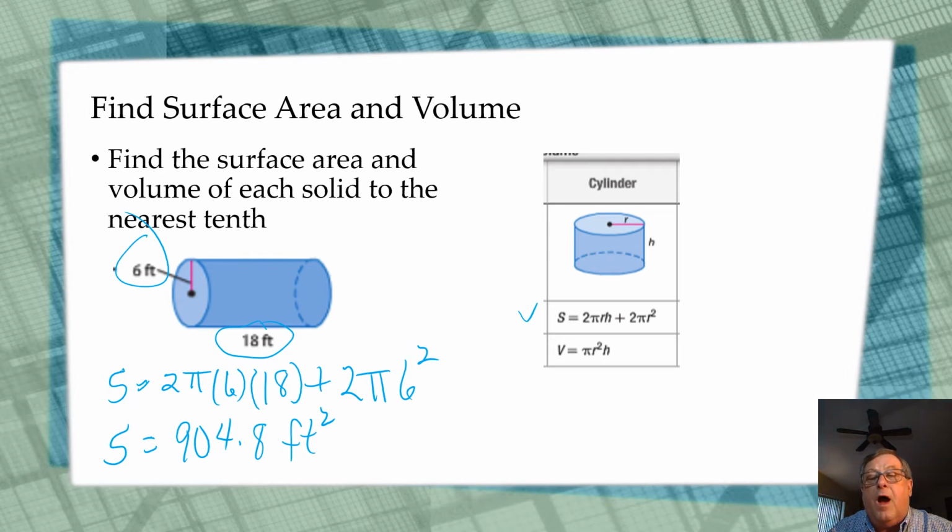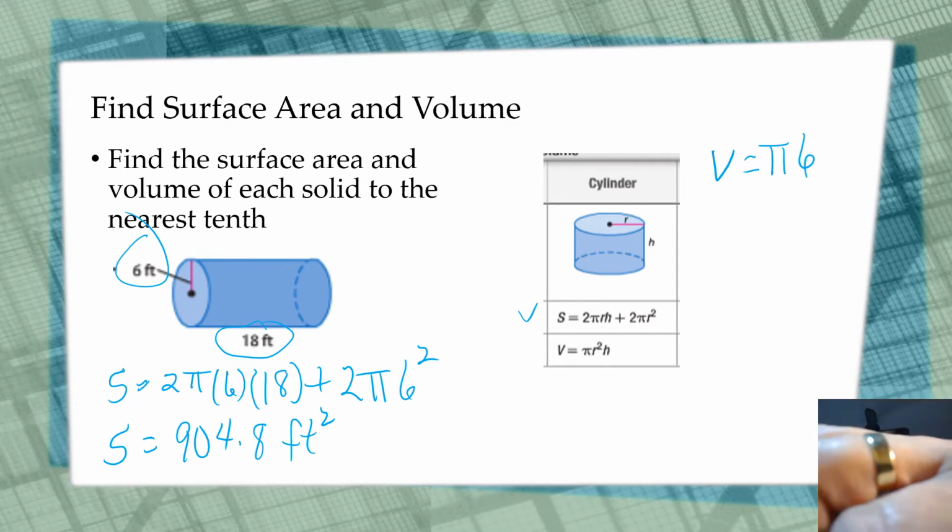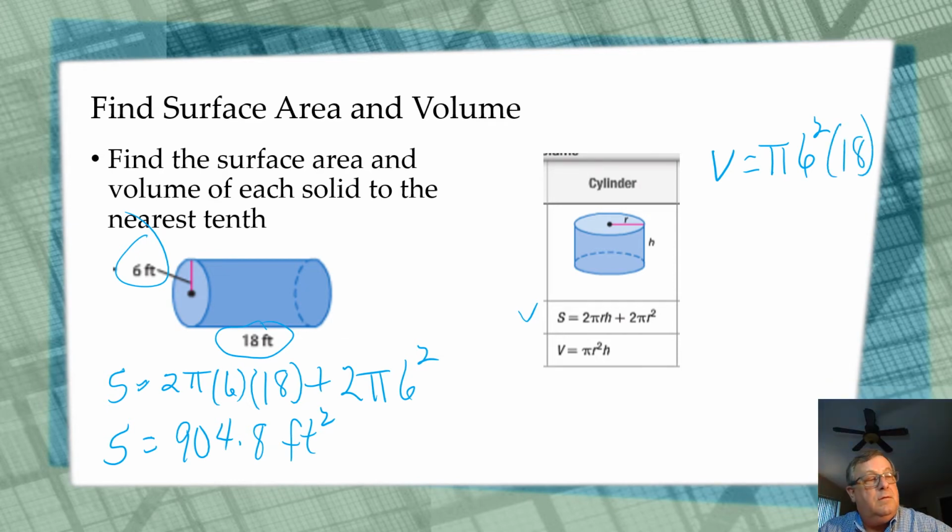All right, now for the volume. The formula for the volume is pi times the radius squared times the height. So the volume equals pi times the radius, which in this case is 6, squared, times the height, which is 18.